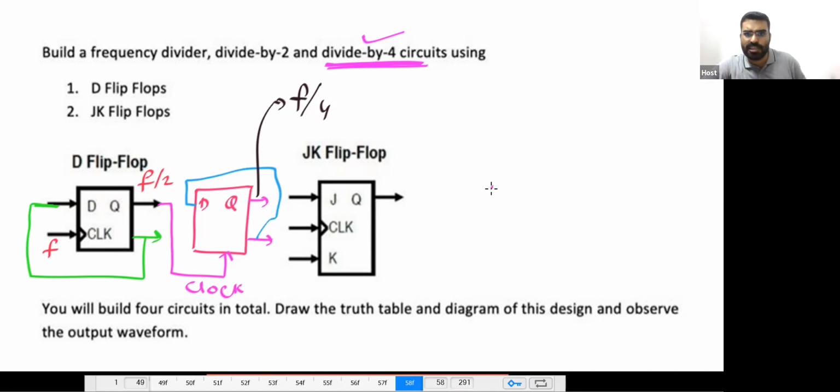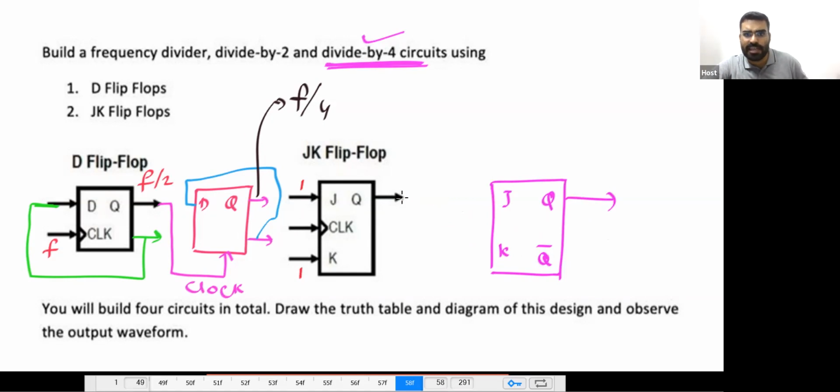Similarly, you can create it using JK. Using JK, the same thing you will do. This is your JK. First, you will connect both of them to 1, 1. Will you connect like this?